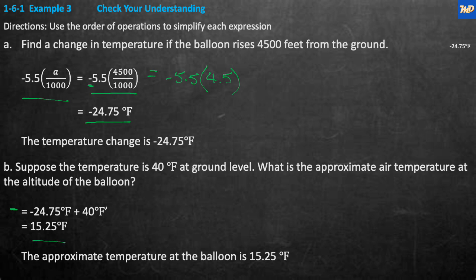How do we know? When you're doing addition with two numbers of different signs, you take the largest and subtract the smallest from it. Here's your 15.25, and then you take the sign of the larger number. So the approximate temperature at the balloon will be 15.25 degrees Fahrenheit.